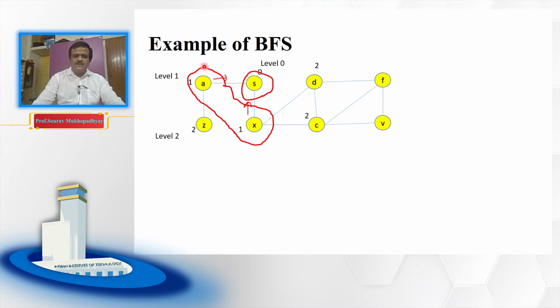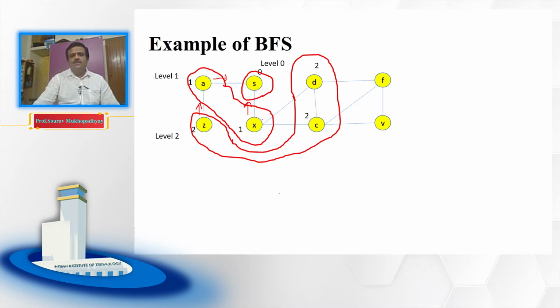Then from this next frontier, we take a vertex, A, and we check all the vertices which are connected, the adjacency list of A. So, this is the vertex, we label this vertex as the next level, level 2, and we have to use the parent pointer. The parent pointer of this one is A, and similarly we have this vertex.